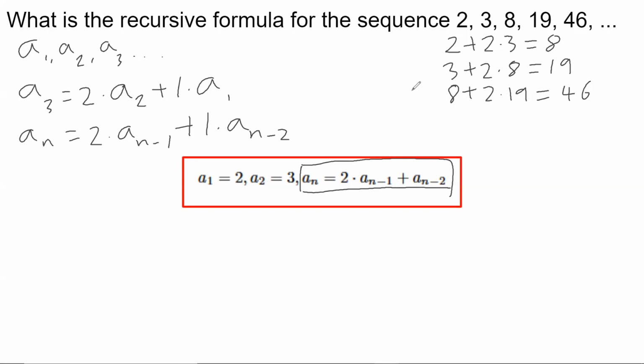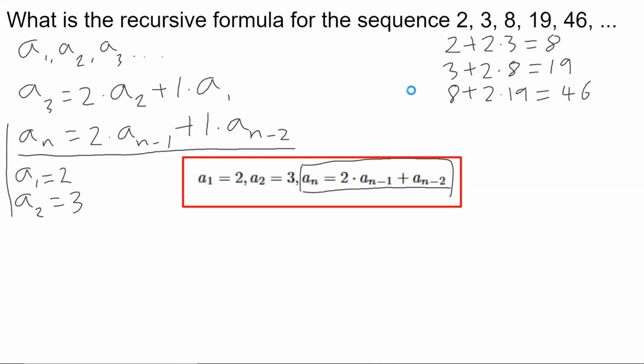But as we know, this formula right here could be true for a lot of different sequences. So what we have to do is define our starting terms. And in this particular sequence, our starting terms are A1 equals 2, and A2 is equal to 3. And so right here is our solution.